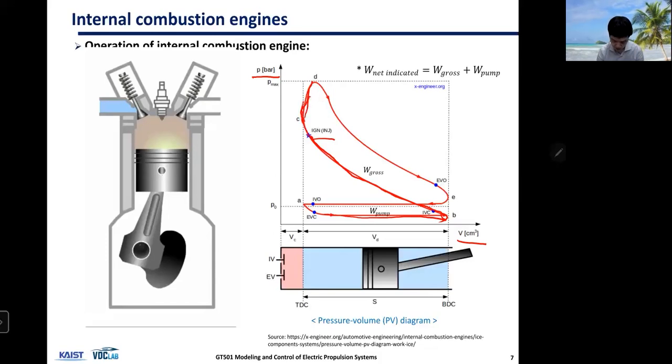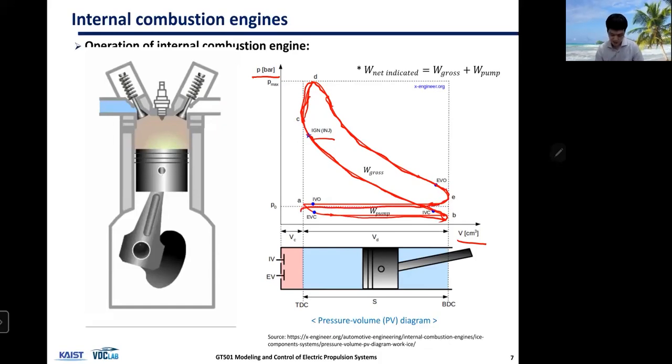That pressure pushes the piston back down, and then the piston goes back up, which pushes the exhaust gas outside.